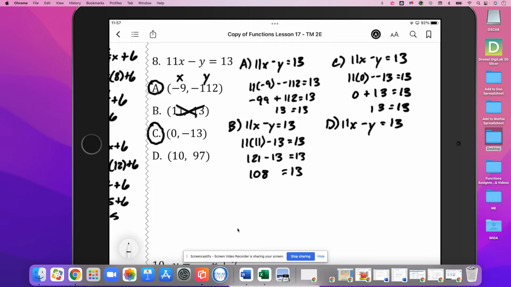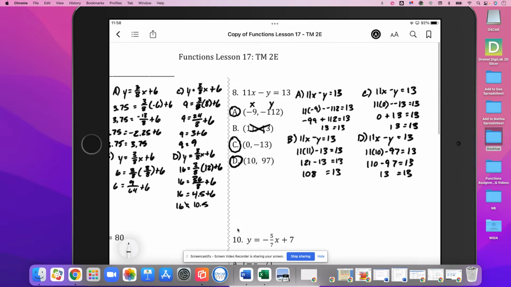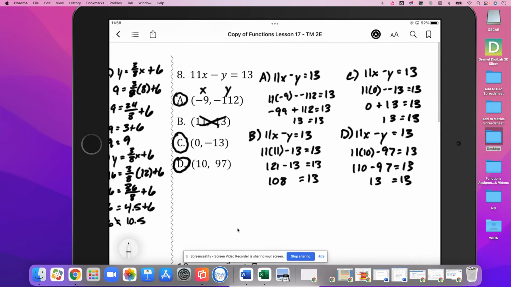The x is 10, the y is 97, so 11 times 10 minus 97 equals 13. So 110 minus 97 equals 13, and yes, 13 is equal to 13. So D also satisfies the function. I'll leave that there for a moment for notes and such before moving on to 9.